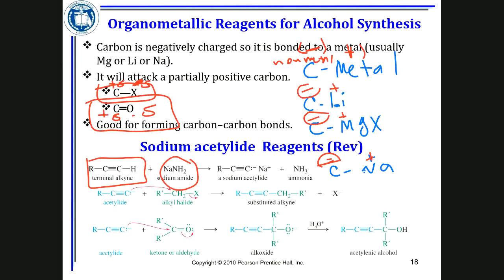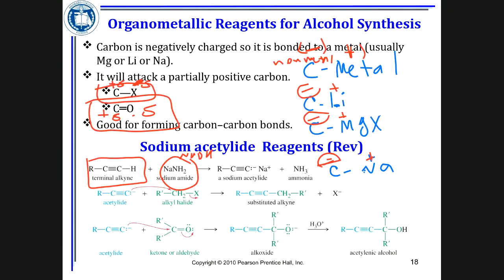Your base must be very strong. Sodium amide is a very strong base. If you bring sodium hydroxide, it's not going to react with the alkyne, because it is not strong enough to remove the hydrogen.